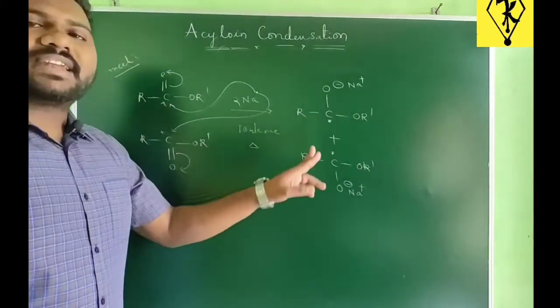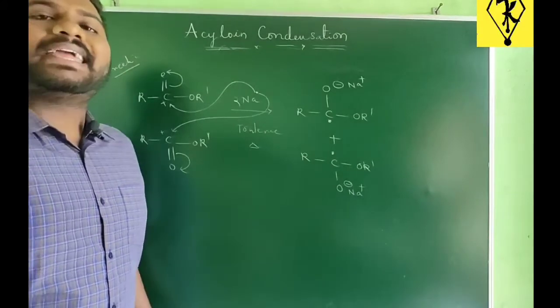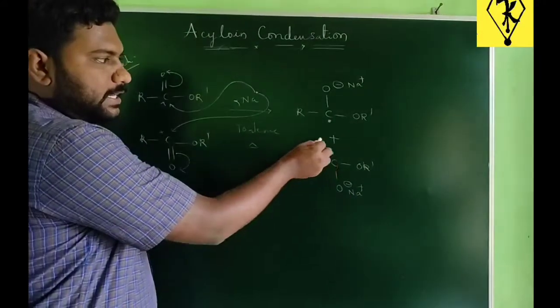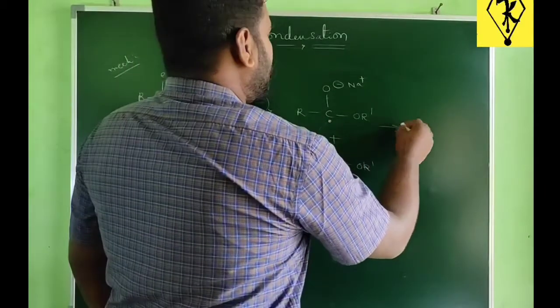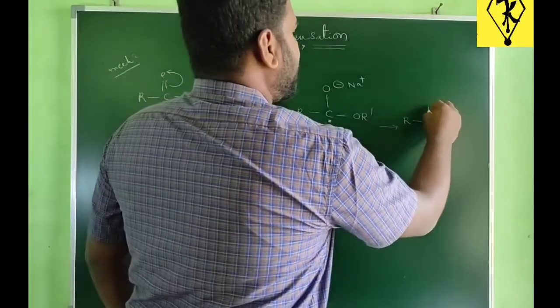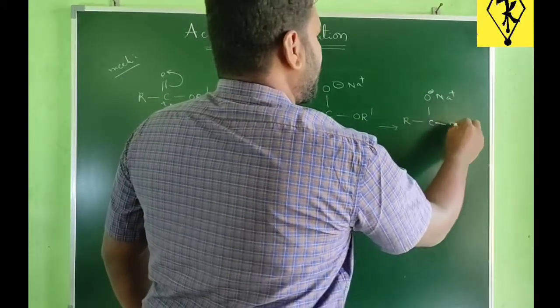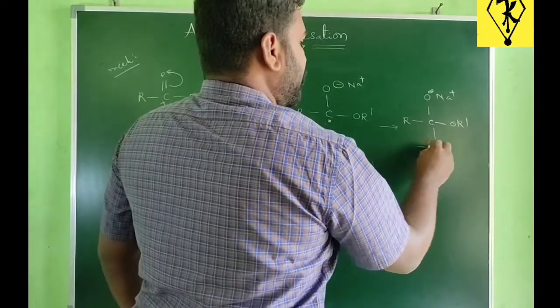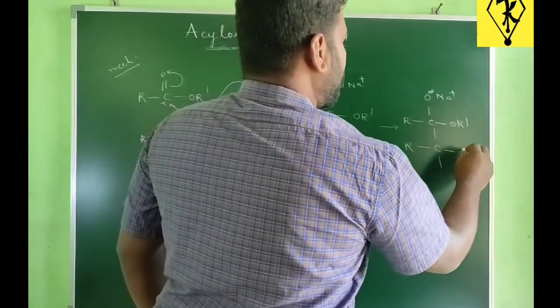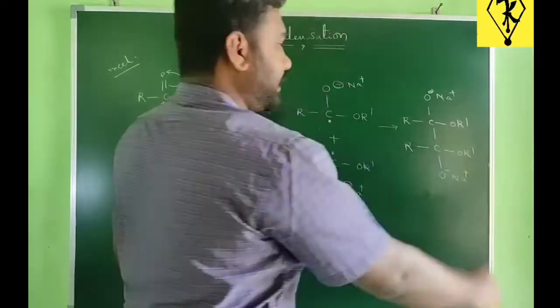Now these radical anions dimerize to give a dianion. So this radical and this radical both together will form a bond: R, C, O minus Na plus, OR, bond, C, bond, R, OR, and O minus Na plus.